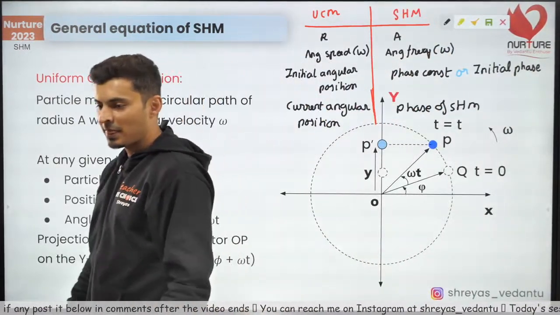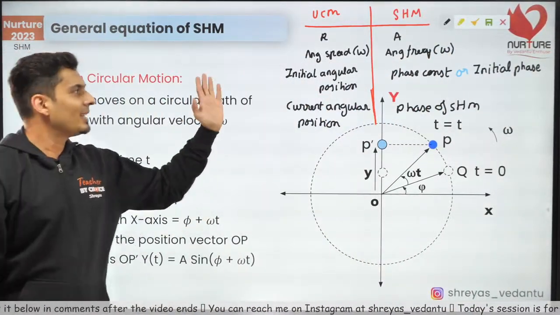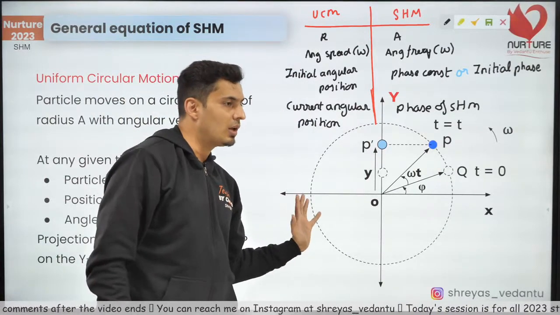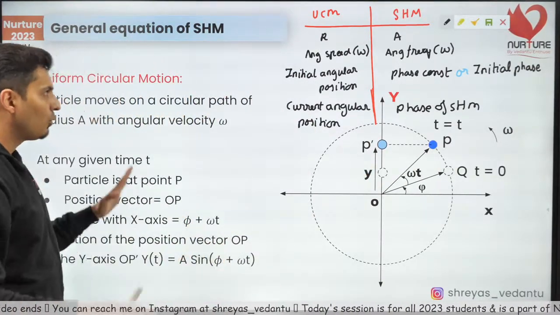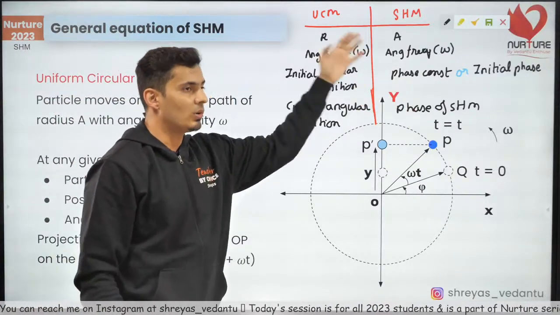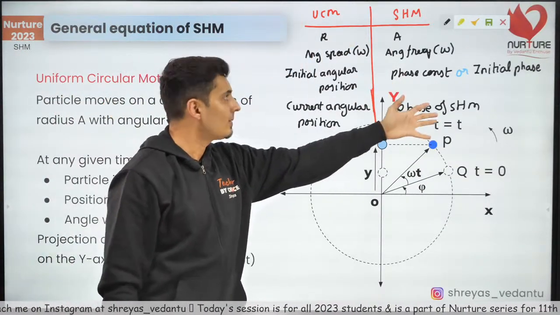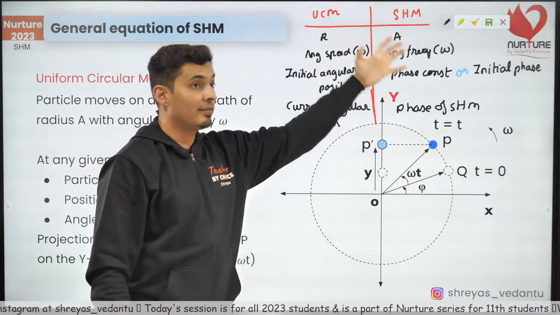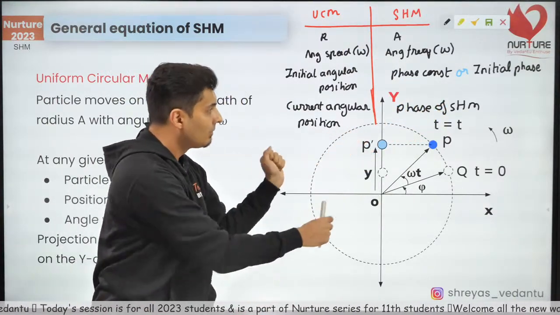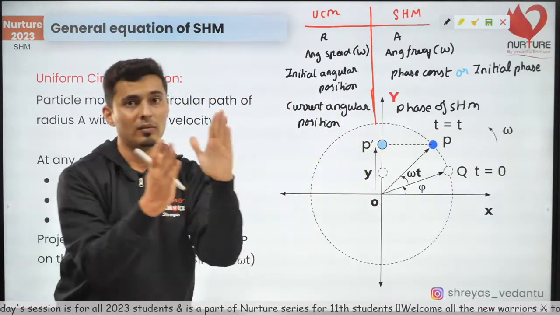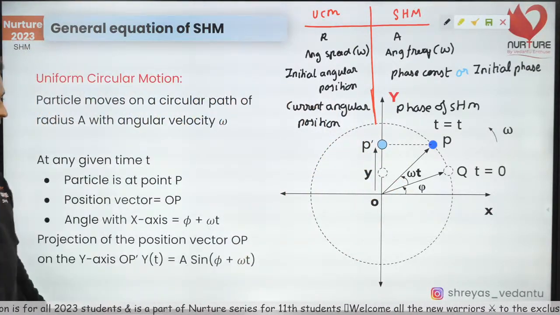Understood this? Thank you, Subiksha. Are you understanding the comparison between circular motion and SHM now? Everybody getting it? Very, very important table. Radius, amplitude, angular speed, angular frequency, initial angular position, phase constant or initial phase angle. Current angular position, that's just the phase of the SHM. That's it. Perfecto.